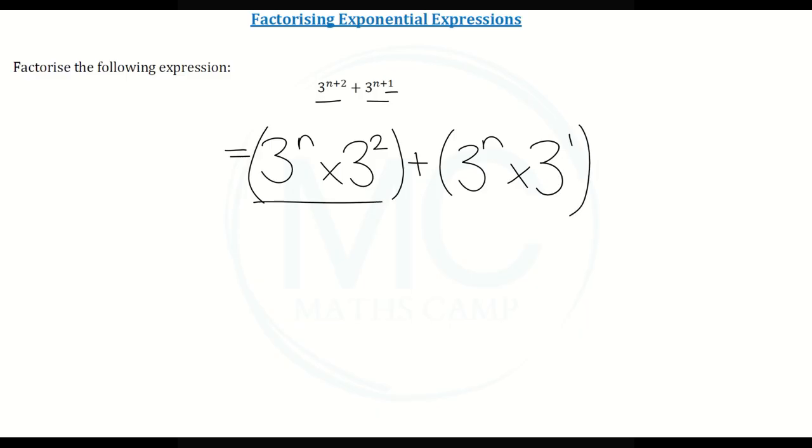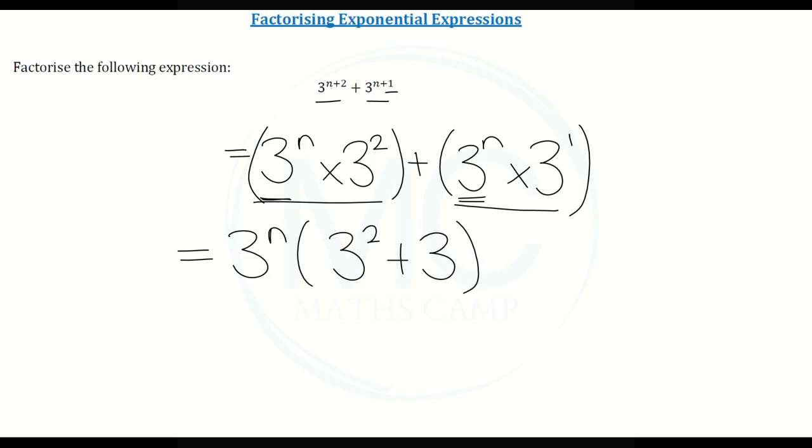Now we have two separate terms, both of which have got 3 to the power of n as a factor. So let's take this out, and we have 3 to the power of n, open bracket, and we're left with 3 squared plus 3.